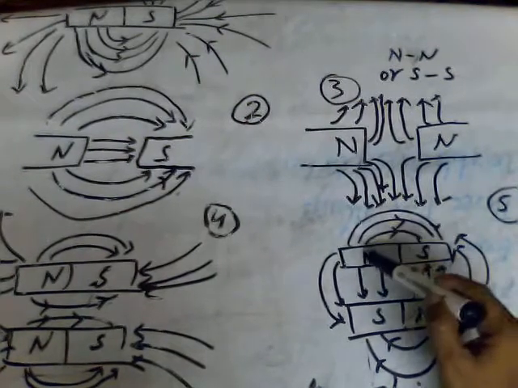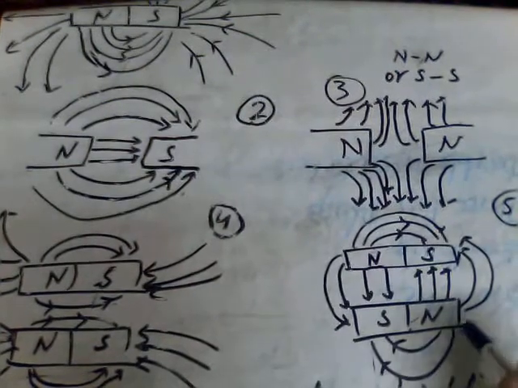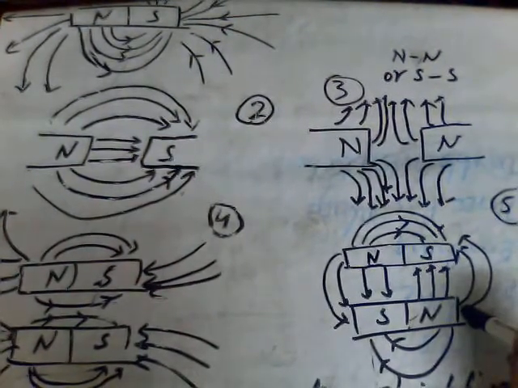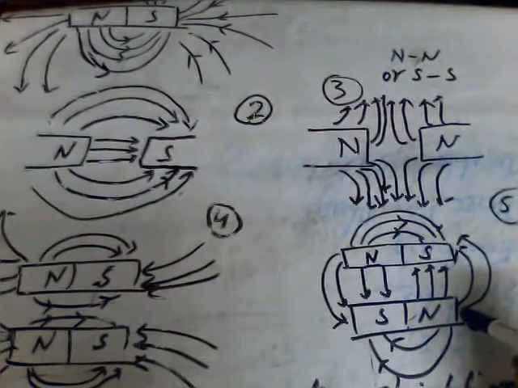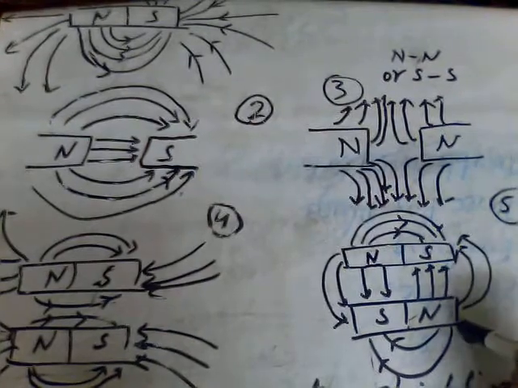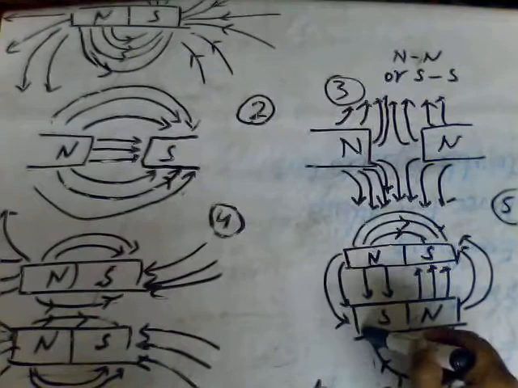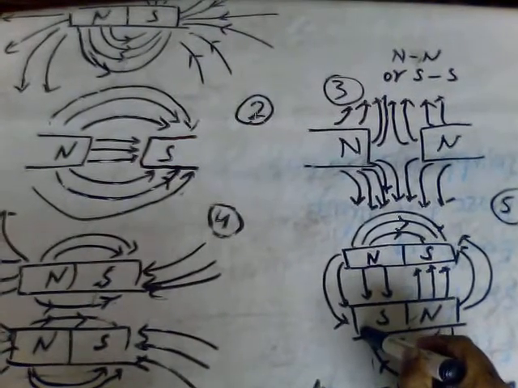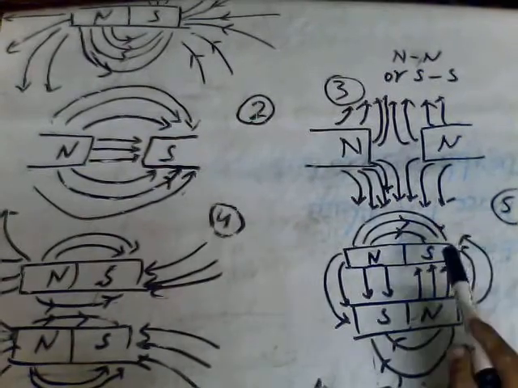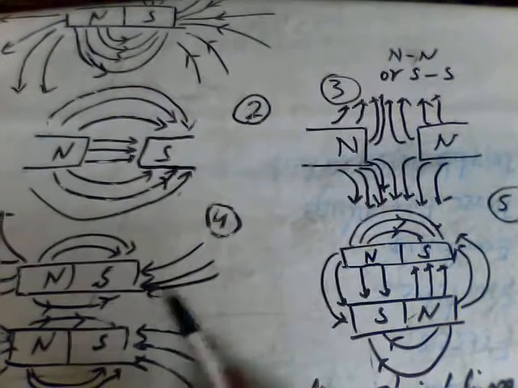Here north to south, as we have studied, and on the outside the lines will be in this pattern, from north to south. So these are the four figures of two magnets placed parallel: the second, third, fourth and fifth figures.